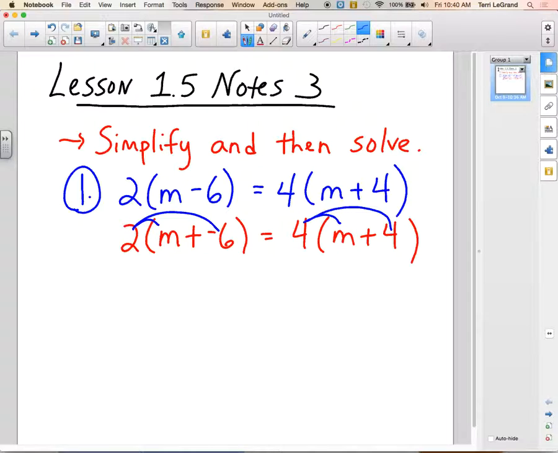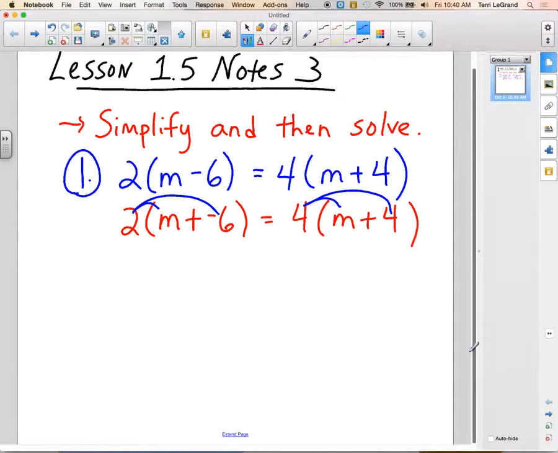So what's the left side of our equation going to read after we do the distributive property? Cody? 2m plus -12. Okay. Who wants to give me what the right side is going to read? Abby? 4m plus 16.